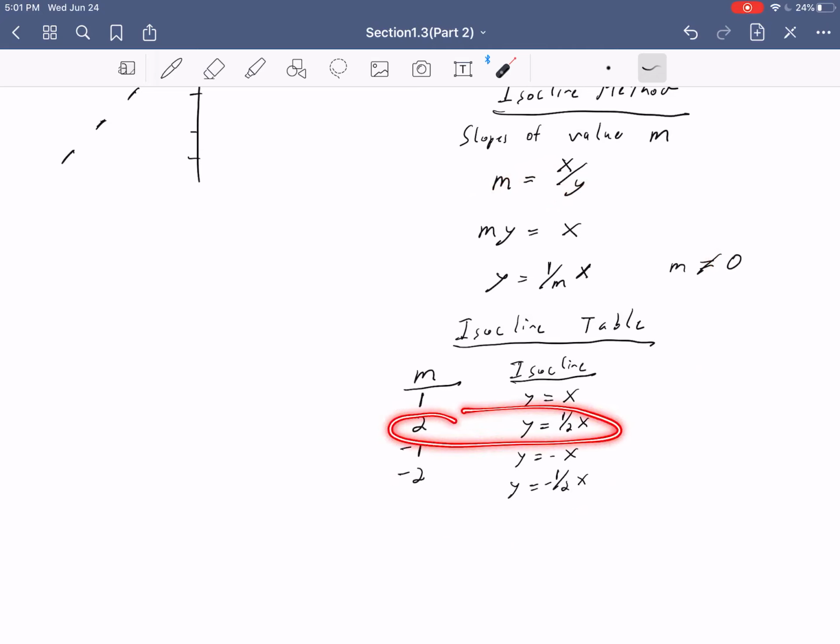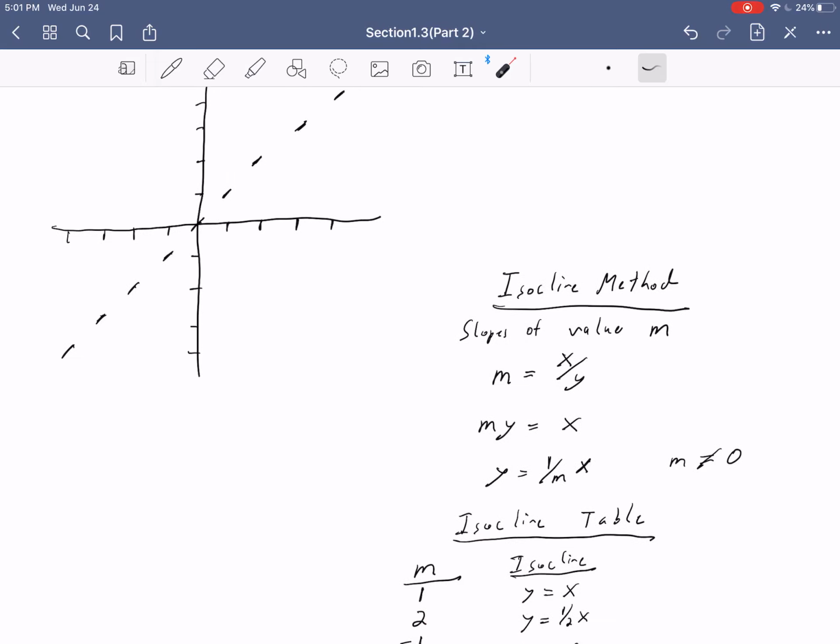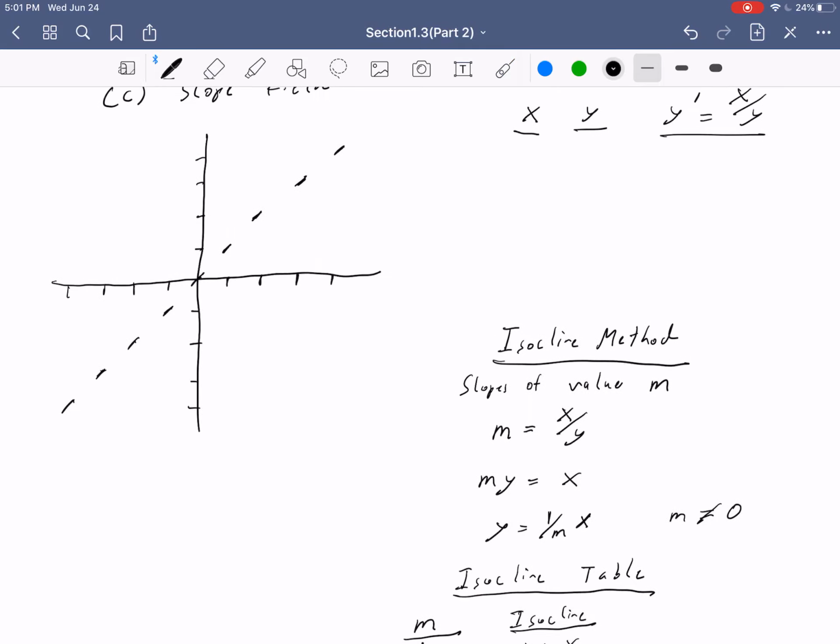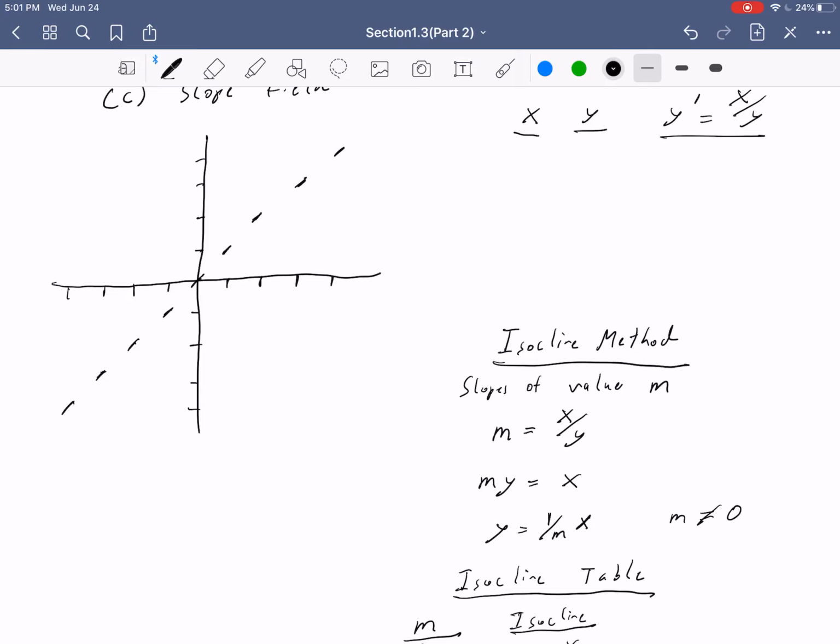Now let's try this. Anywhere that is along 1/2 x, I should draw a slope of 2. So what are things that are along 1/2 x? Well, we know that would be like 2, 1. So we should put a slope of 2 there. And like 4, 2, that would be there. So we'll put a slope of 2. I guess 0, 0. So notice that weird things are happening here at 0, 0.